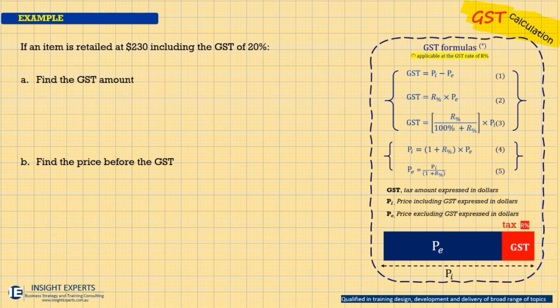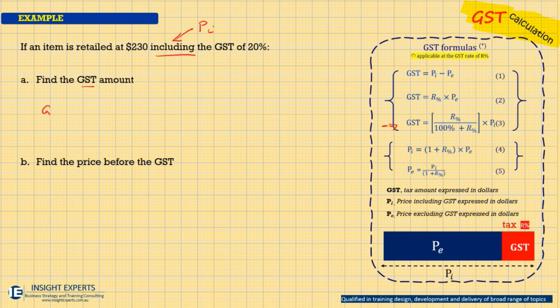Now let's look at this example. An item is retailed at $230, including GST of 20%. Find the GST amount. So this is actually PI, and we need the GST amount, so automatically it's equation number 3.